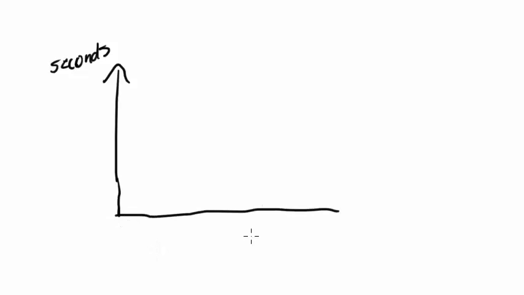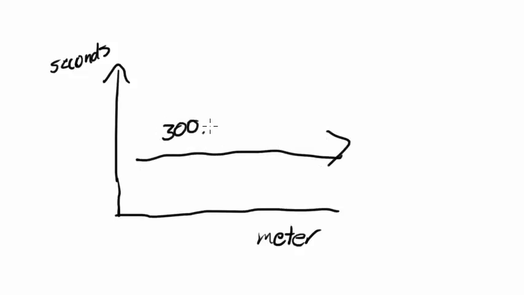So if, for instance, I drew a space-time diagram with the time axis in seconds and the space axis in meters, the speed of light, which is 300 million meters per second, is basically a horizontal line on this scale. And the Galilean transformations are indistinguishable from the Lorentz transformations on this scale.